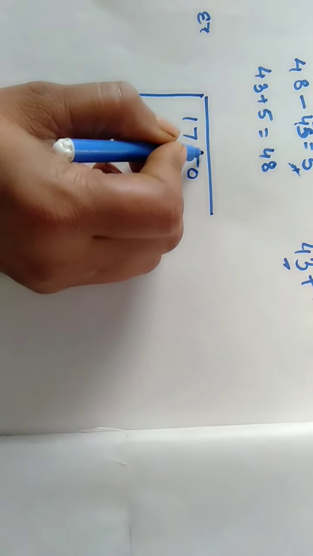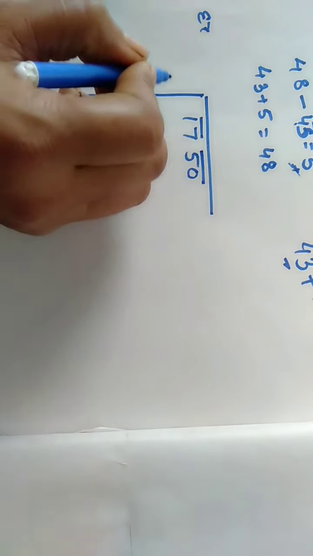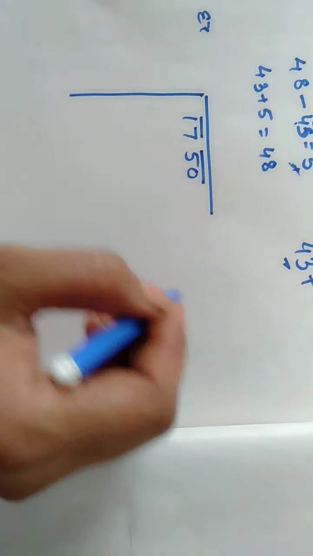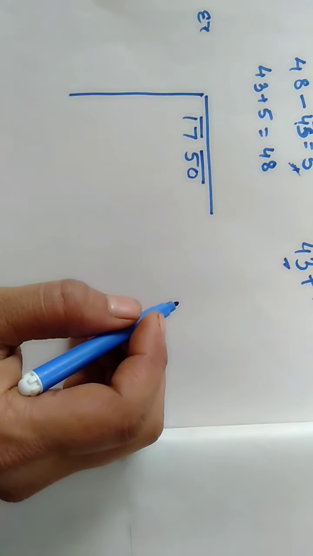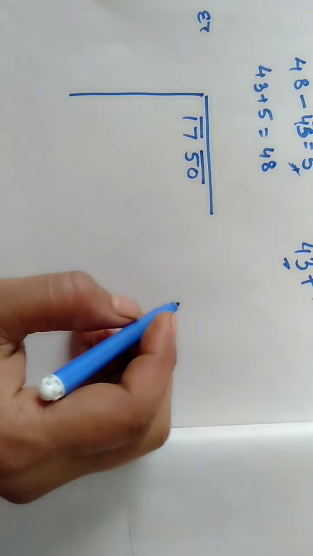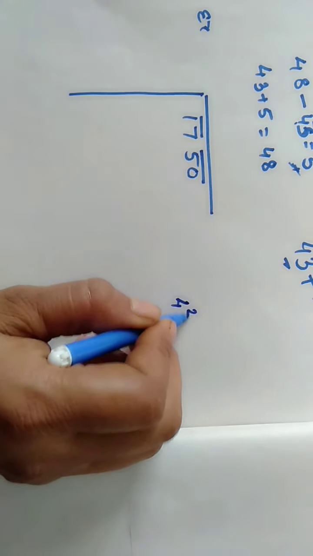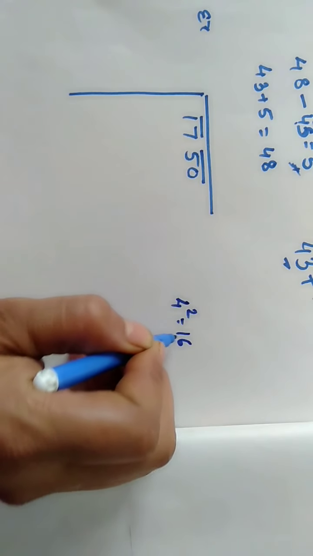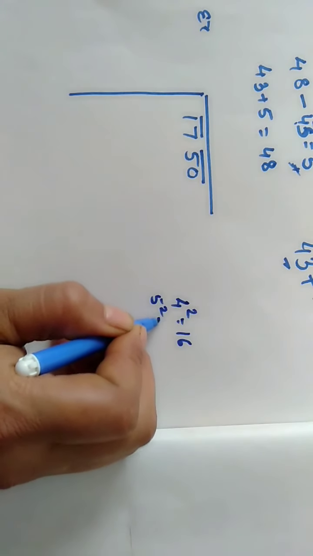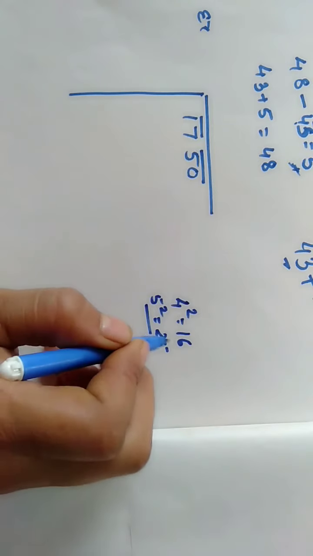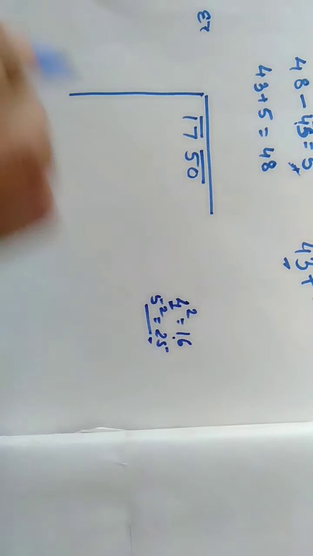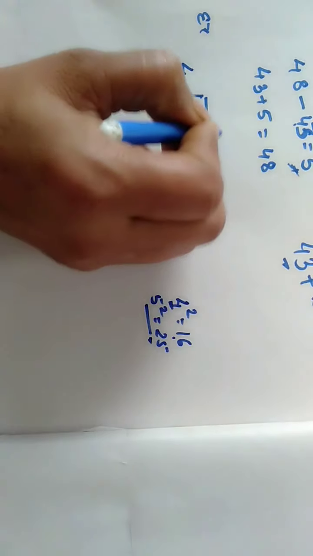Just try to find out the square root. 17 is there. Smaller than 17, we are having 4 square. 4 square is 16 and 5 square is 25. 25 is greater, 4 square is 16. So we read out as 4.